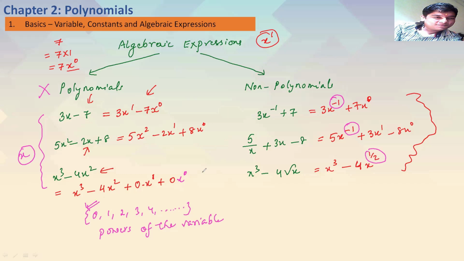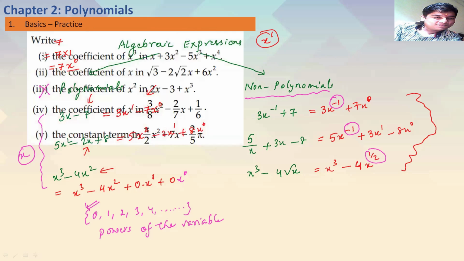If a negative number or a fraction is there as the power of x, then it is a non-polynomial. Clear, girl? Yeah. Very good. So let me see what we have next.